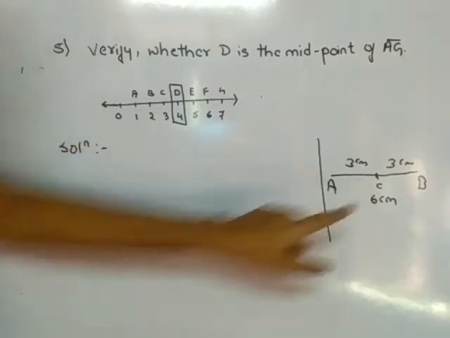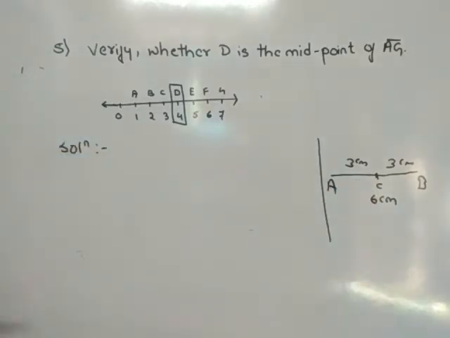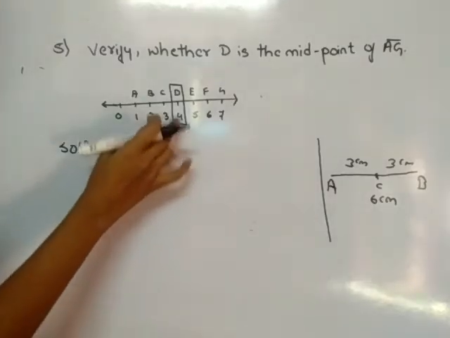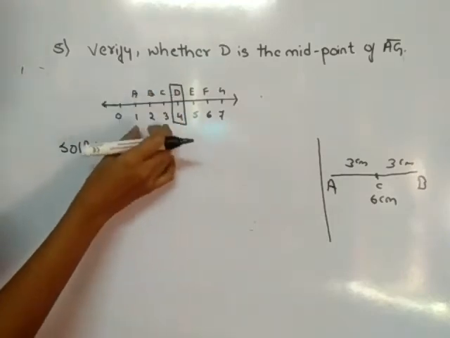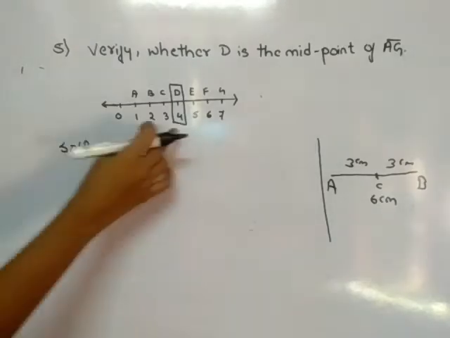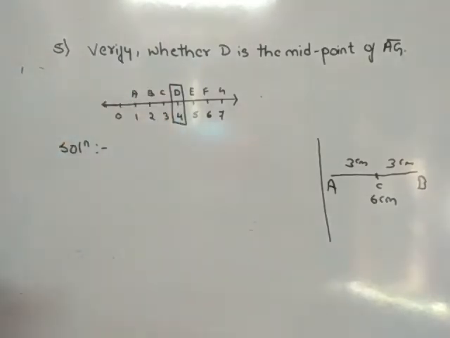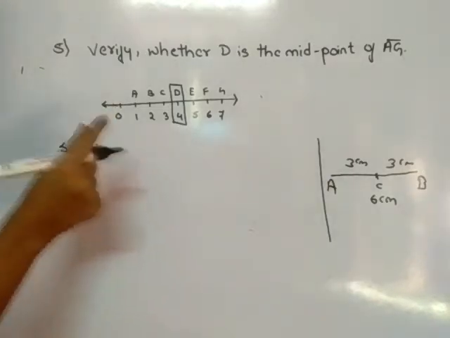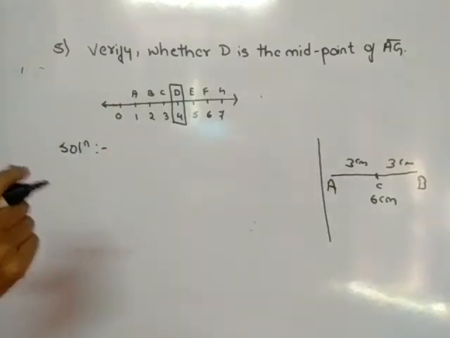The midpoint says that it is a point which is dividing the line segment in equal parts. Here also the same thing. If D is dividing the line segment AG in equal parts, then we can say that D is the midpoint of line segment AG. So how to check whether D is the midpoint of AG or not?